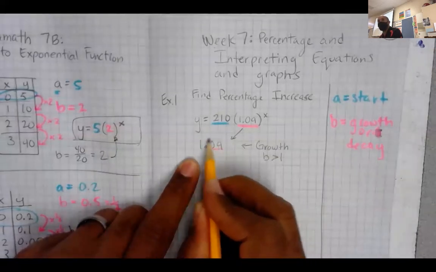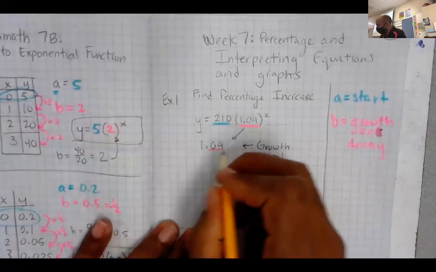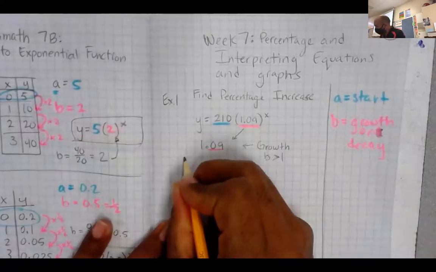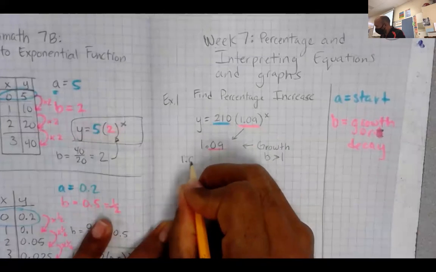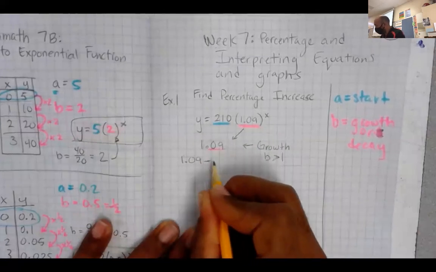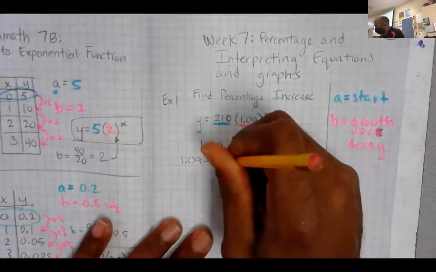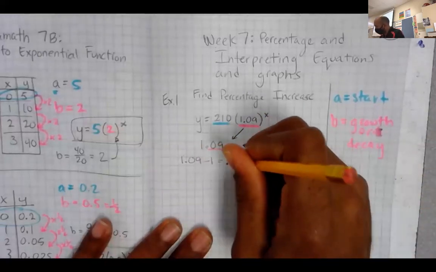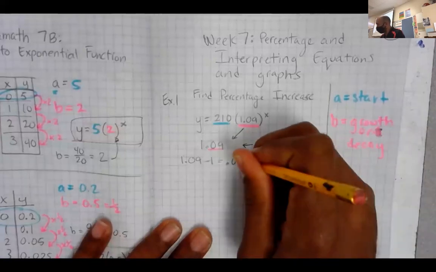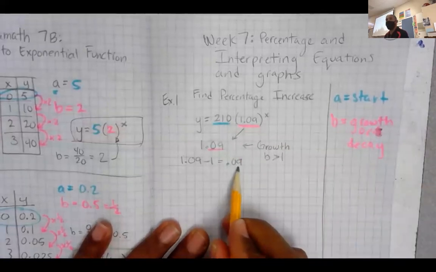That's the percentage increase, right? So since it's growth, I'm going to do 1.09 minus 1, which equals 0.09. Okay, and that's the percentage increase.